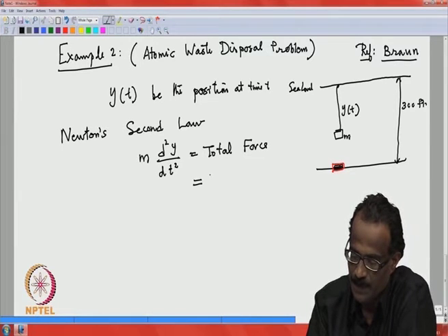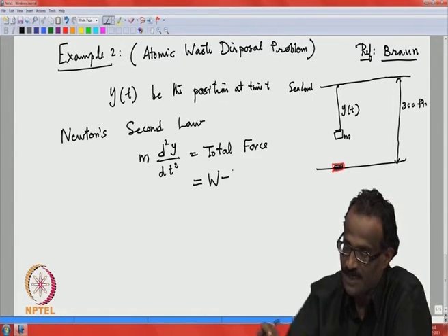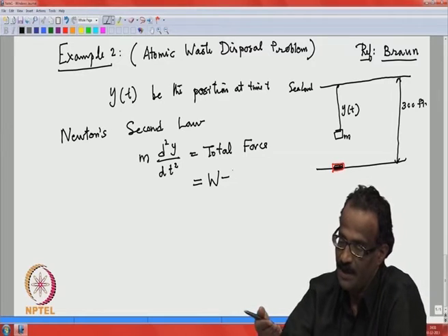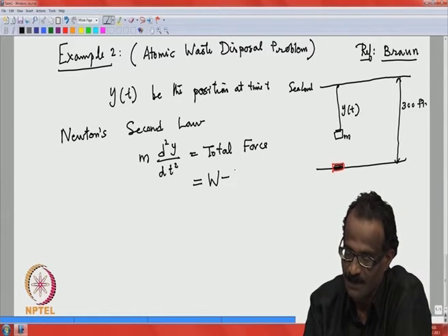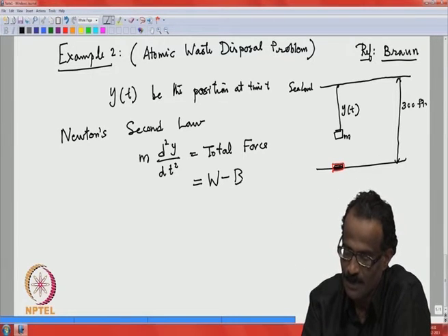So, you have a gravitational force W, which is nothing but mg. And because it is water, there will be a buoyancy force B, and this buoyancy force will act against the motion. That is what you have to understand.